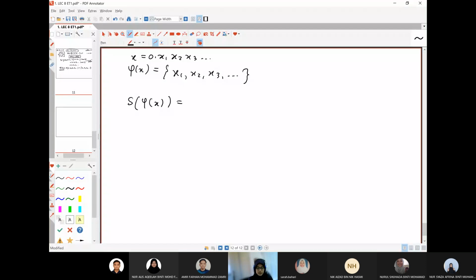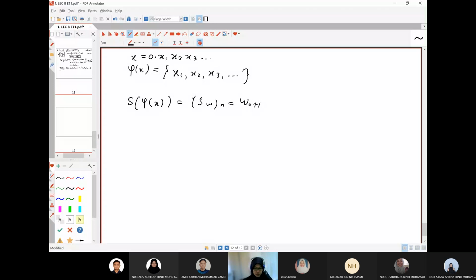So what is S? S is like you shift, right? You shift to the left. It's a Bernoulli shift. So that means you shift to the left. So according to the definition of Bernoulli shift, I have S omega n is equals to omega n plus 1.